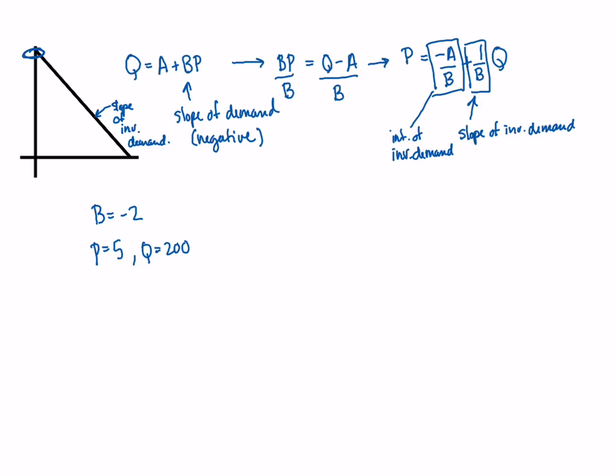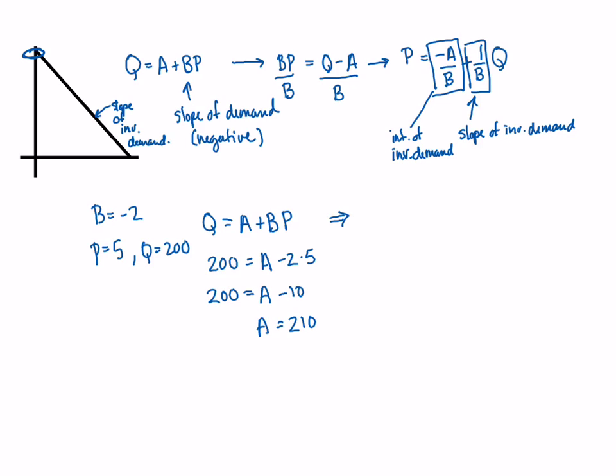Our demand curve, quantity equals A plus BP. We know that quantity is 200. We don't know what A is, but we do know that B is negative 2, and we know that price is 5. So if we multiply this out, we get 200 is equal to A minus 10, or A is equal to 210.